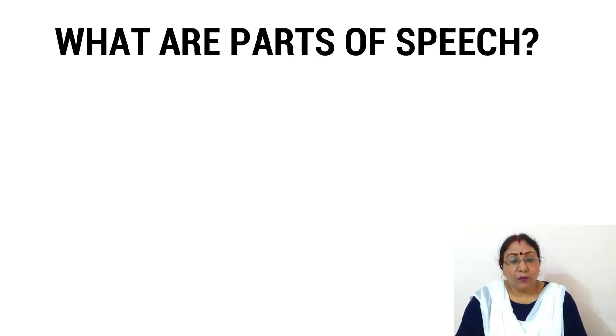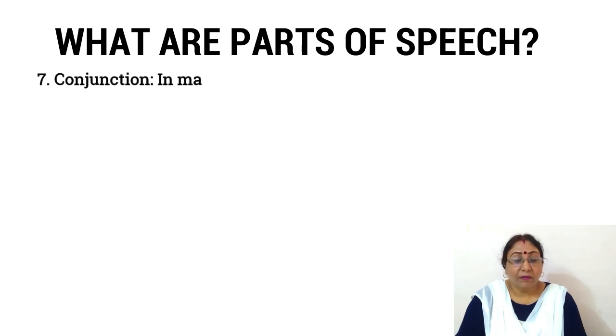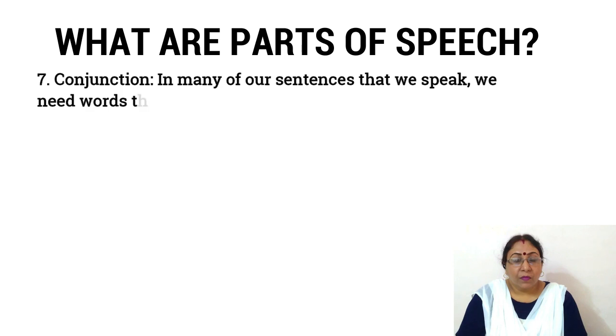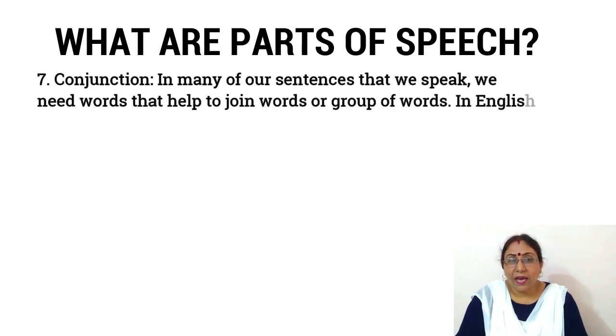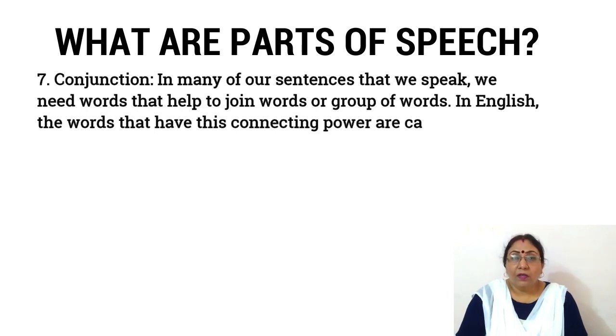Now the next part of speech in the English language is the conjunction. Now what is a conjunction? In many of our sentences that we speak, we have two or more sentences, or two or more words. So we need some other words to join these words.